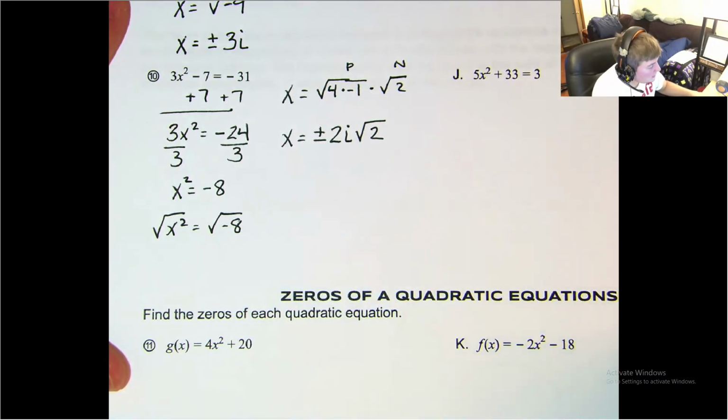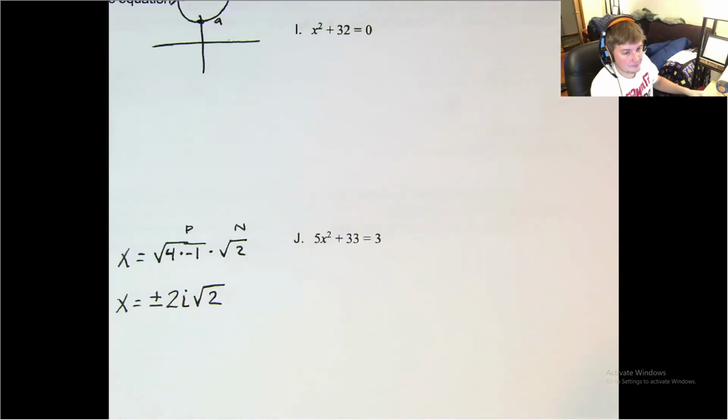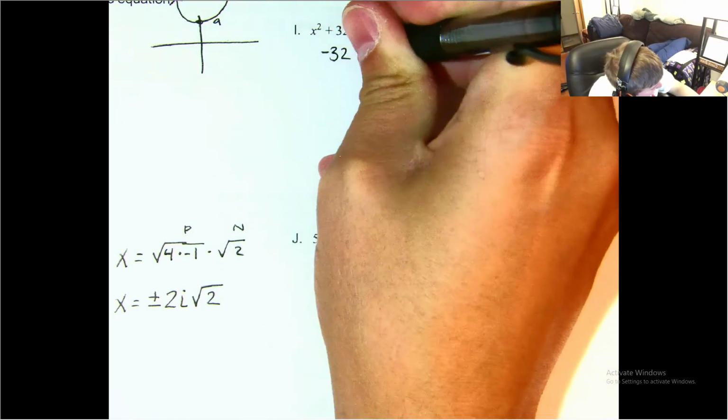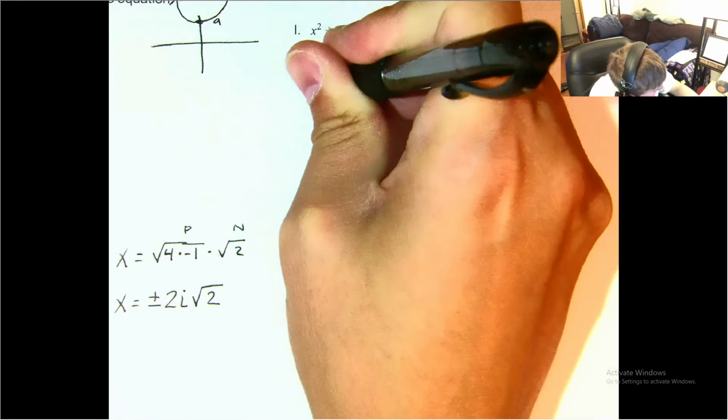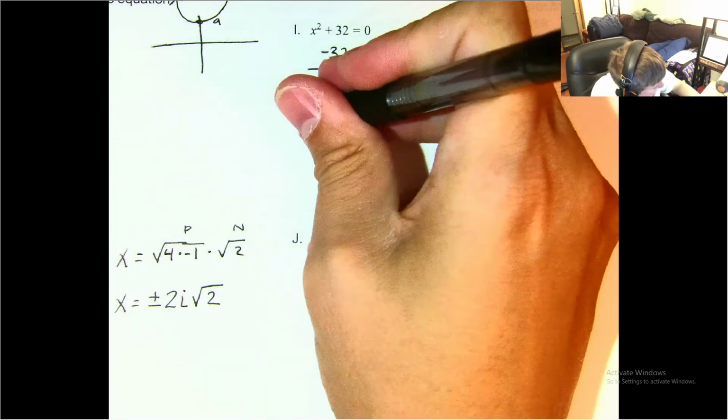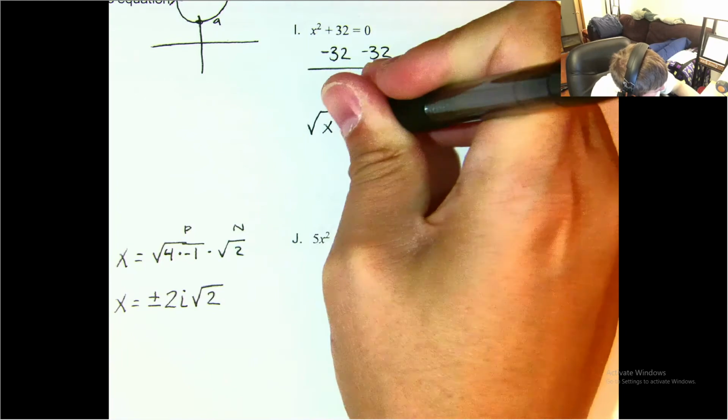Okay. All right. Good time to pause the video, try I and J on your own, and check in with me when you're done. Okay. So I'm assuming you've already done this, so we're going to subtract 32 from each side to get x squared is equal to -32. Then you square root each side to get the x variable by itself.